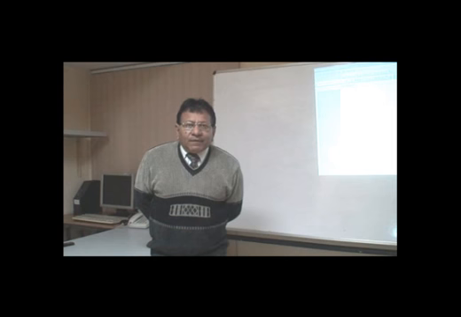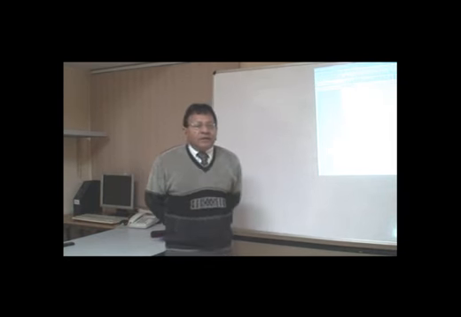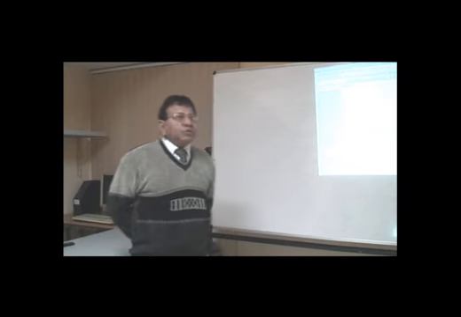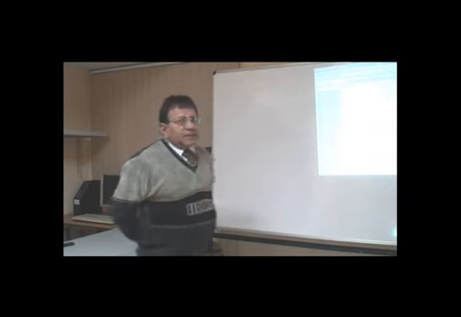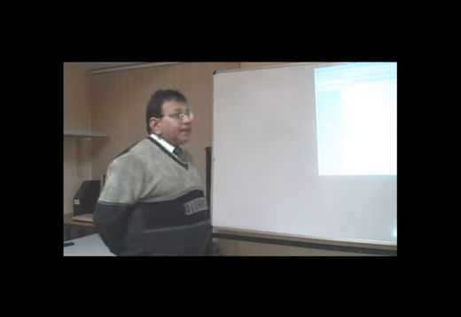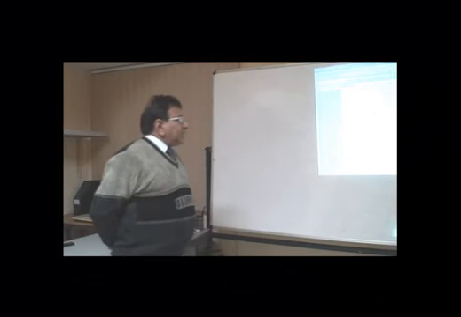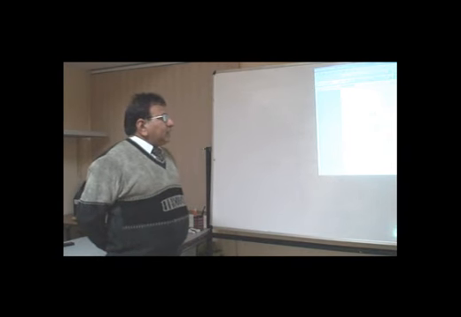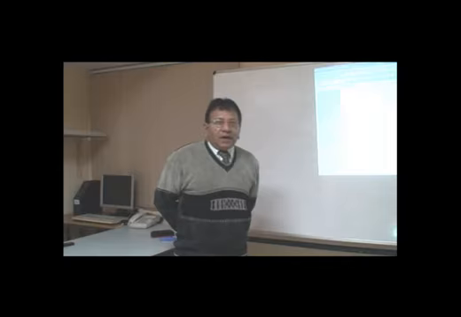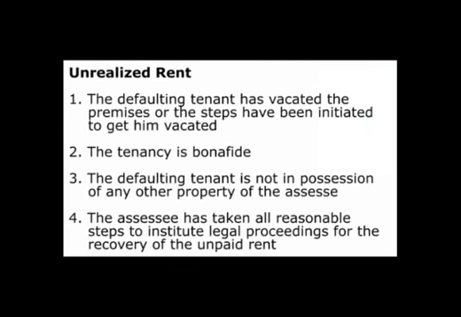It means when the tenant has not paid the rent to the SSC, the owner of the house, this deduction is allowed when certain conditions are fulfilled. First condition is that the defaulting tenant should have vacated the premises, or even if he has not vacated the premises, the landlord of the house should have taken the steps to get him vacated.